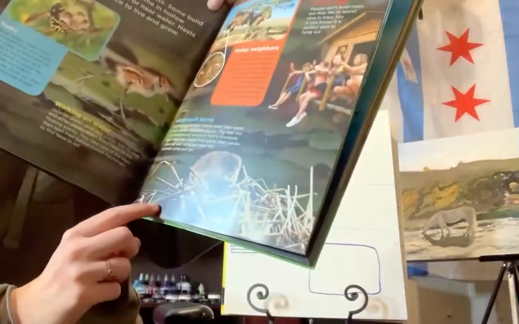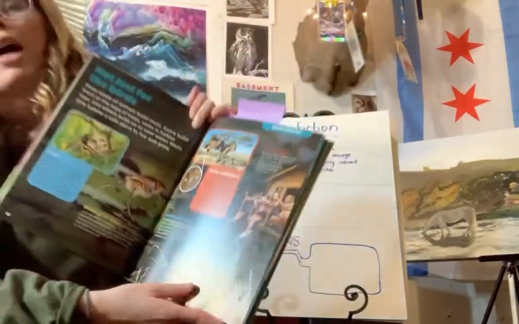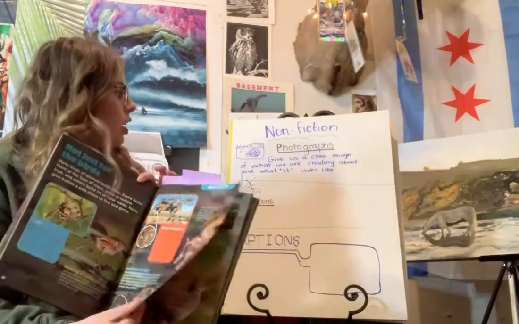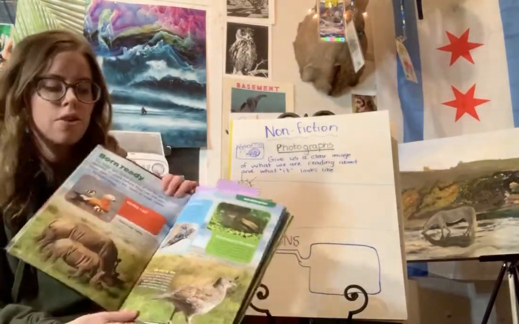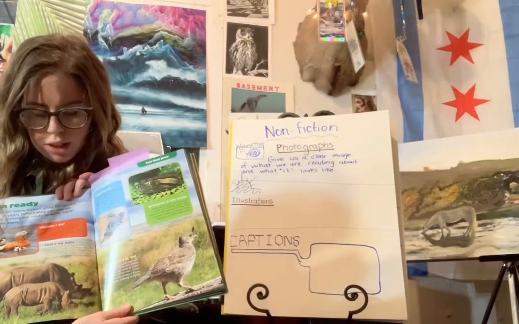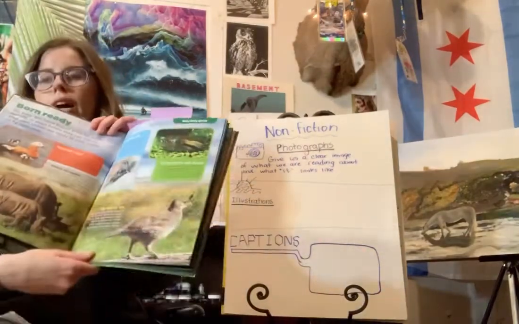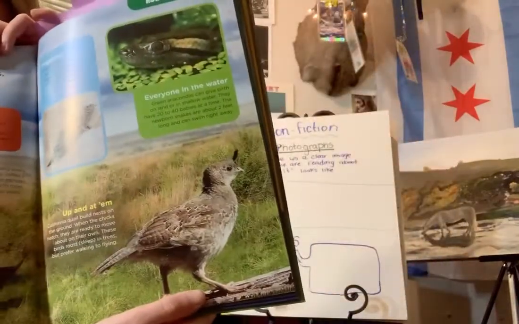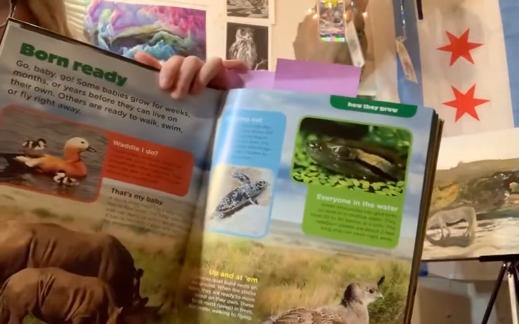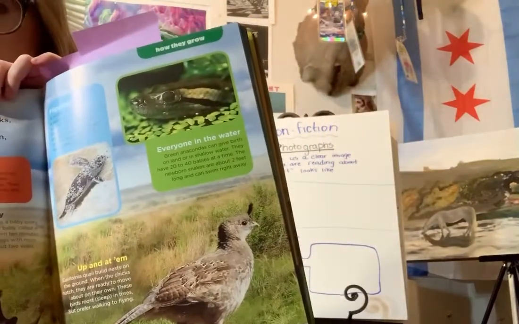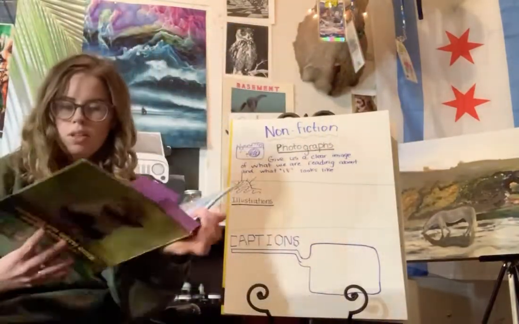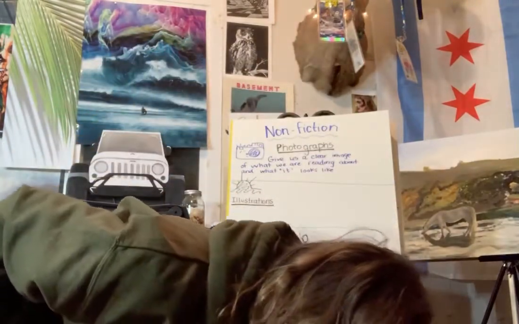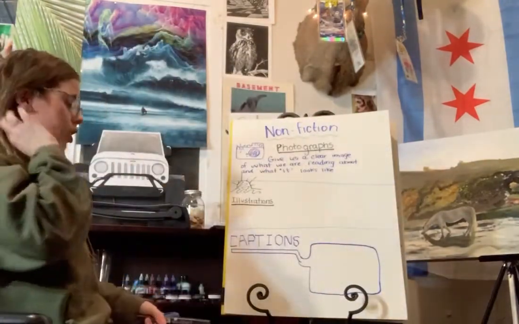And even on the bottom, we have a lot of photographs, and that is why I picked this book for us, because we are definitely able to look at and notice how the author decided to make this nonfiction text, and how they used all these photographs to help give us knowledge and understanding about these animals. All right, so I'm going to set that down for a second. And we're going to jump into illustrations.